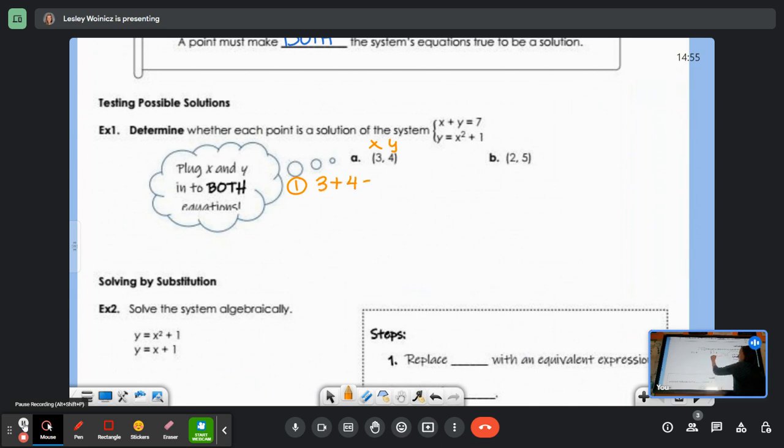Yes. Check. Here's equation 2. Does 4 equal 3 squared plus 1? No, because 3 squared is 9, plus 1 is 10, and 4 does not equal 10. So (3, 4) is not a solution.